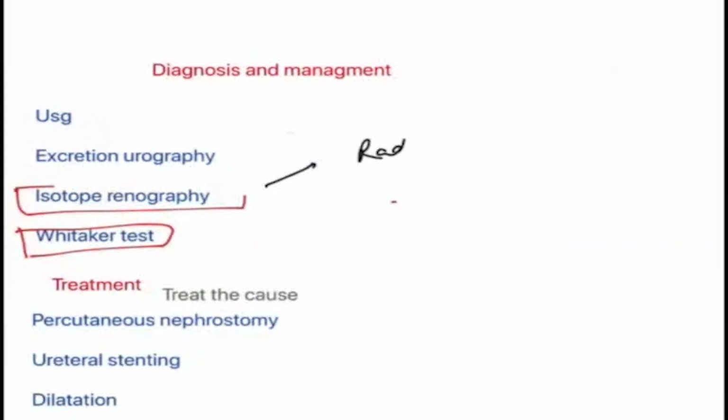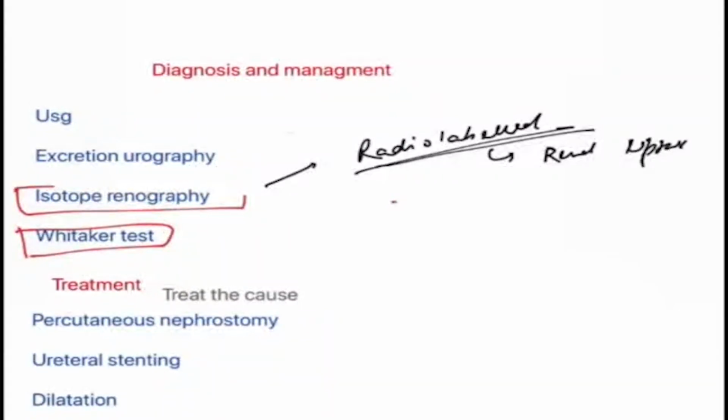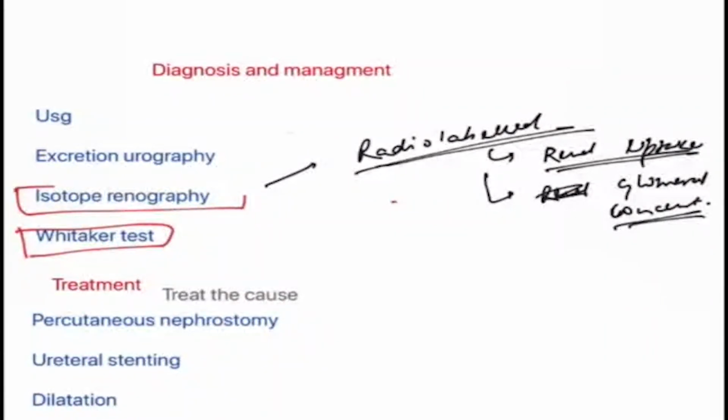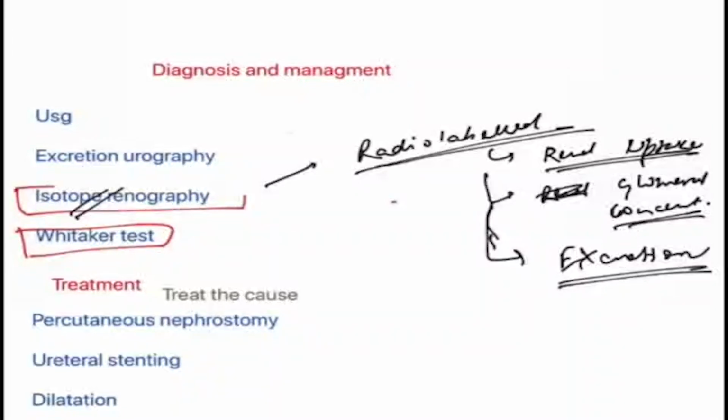In isotope renography, the radiolabeled isotope is given IV and there are three phases: the renal uptake phase, which depends upon the blood supply or vascularity; then the renal concentration or glomerular concentration phase, in which filtration of blood occurs and the isotope is formed in the urine; and then the excretion phase.